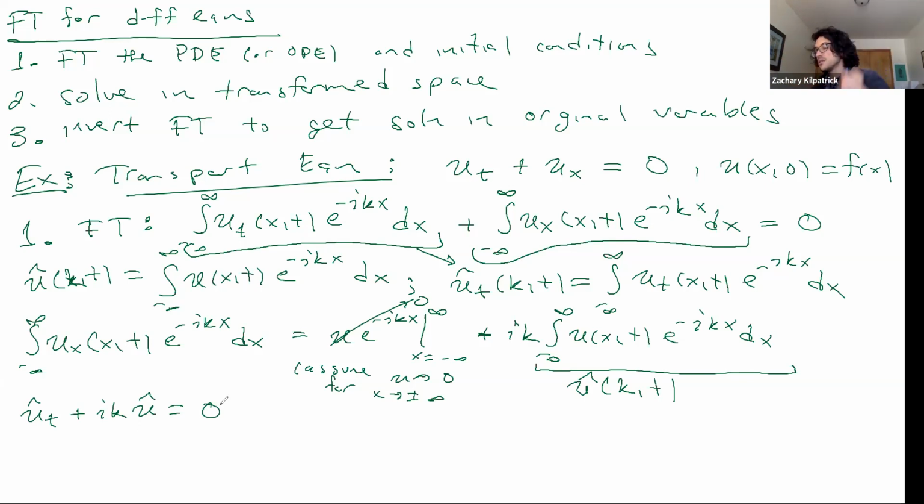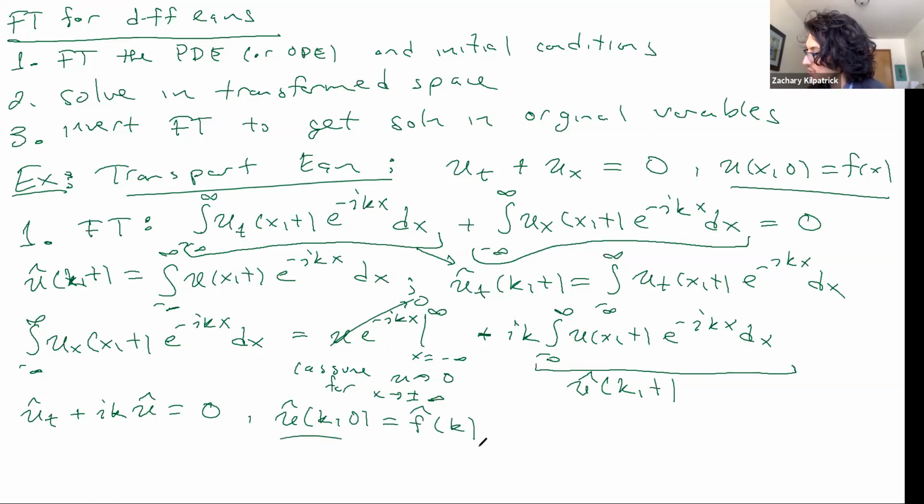Now if we also convert the initial condition, we get u hat(k,0) equal to just f hat of k. That's just the Fourier transform of the left-hand side and the right-hand side of the initial condition.